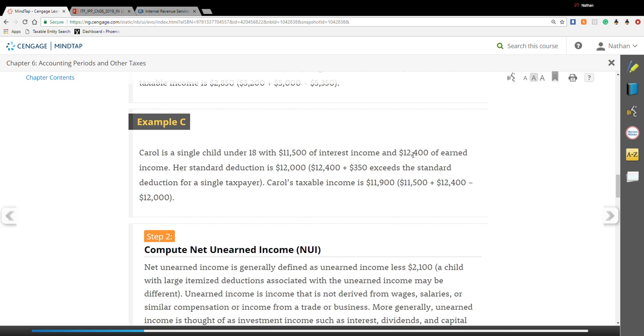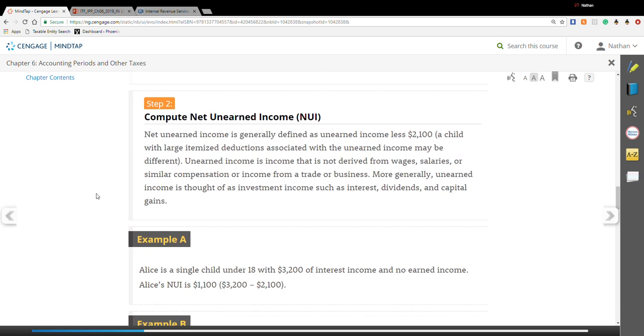We should recognize that very quickly, because that's over. So taxable income is 11,500 plus 12,400 minus 12,000, which is 11,900. This person should be filing their own tax return. I'll be honest on that one. Even under 18 and a child, they probably should be filing their own.